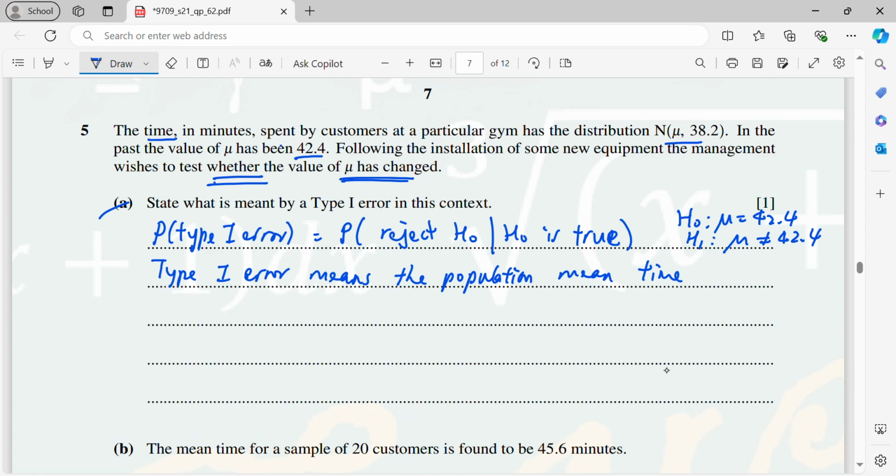Now we need to say that we reject H0. So when you reject H0 it means that it is no longer 42.4. Alright, so it means that it has changed, because of rejecting H0.